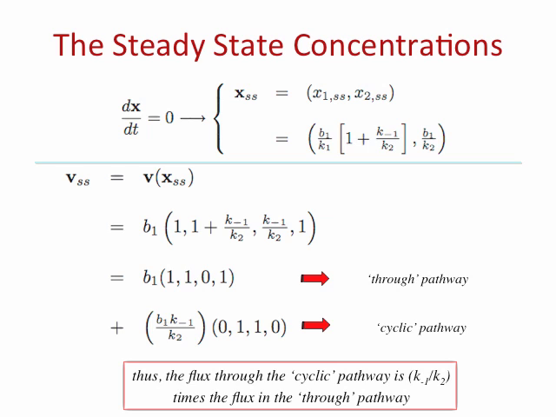Now I know that the coefficient A from the previous slide is B1, and the coefficient B is that group of numbers in the parentheses in front of the cyclic pathway. We see that the relative flux of the through pathway and the cyclic pathway differ by the ratio of K minus 1 to K2. This becomes important.